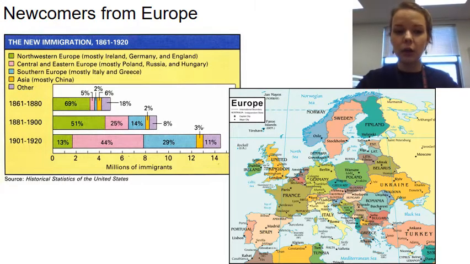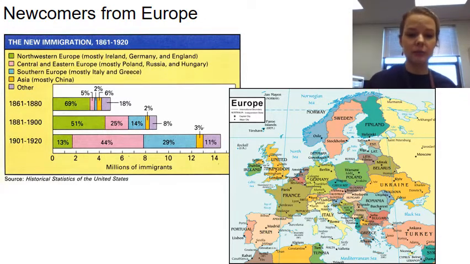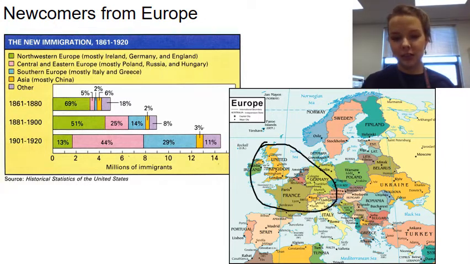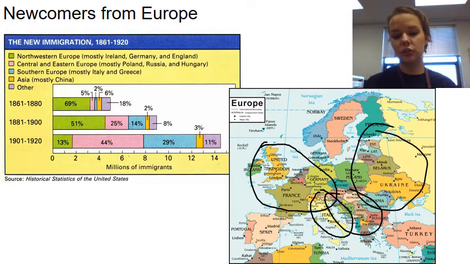We need to talk about the newcomers from Europe at this particular point. So prior to the 1840s, a lot of our immigration is going to be coming from Western Europe. When I'm talking about Western Europe, I mean this area. I mean Ireland, England, France, Germany, places like that. It is going to start to shift during this time period to being more Southern and Eastern Europe.